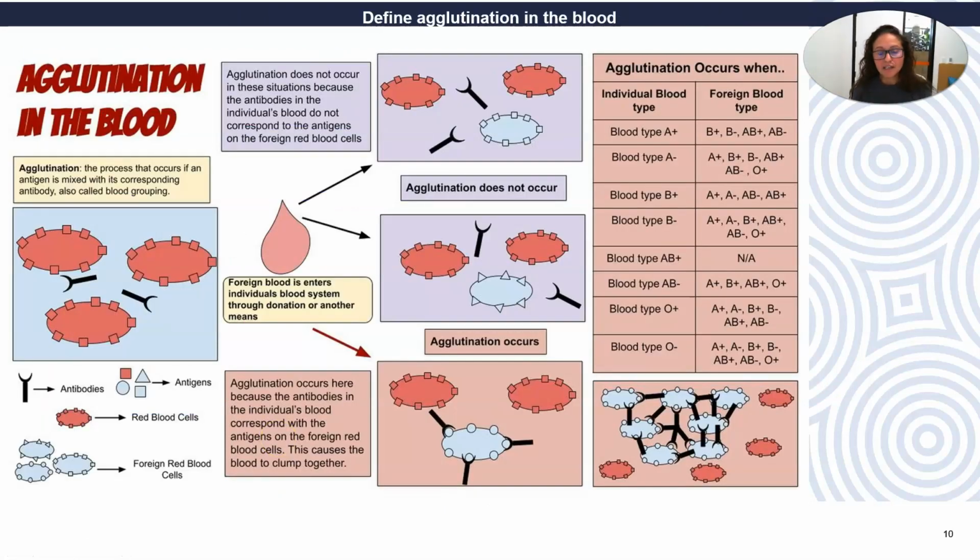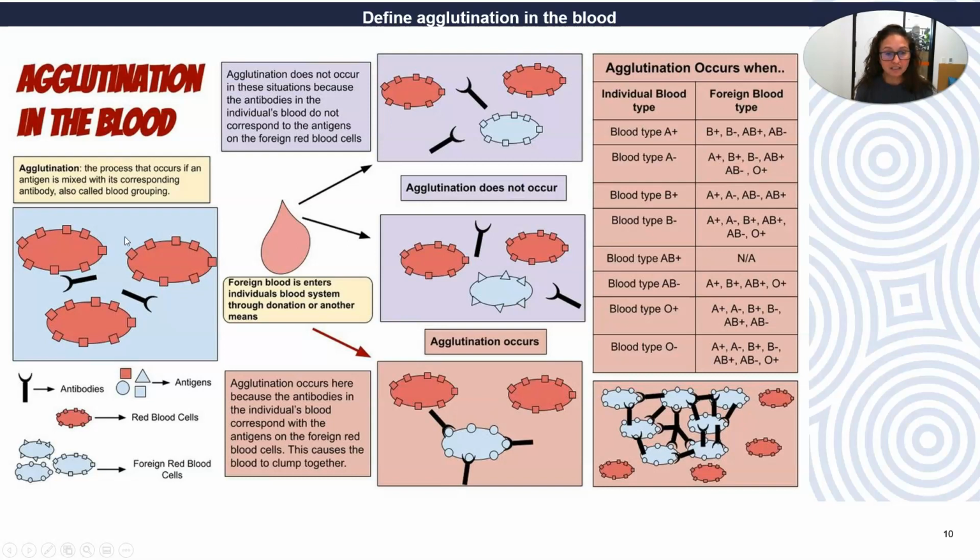All right. Let's pretend that you are given the wrong blood type. So let's think about what this word means, agglutination. Agglutination is what happens if you mix the wrong red blood type. So if you give someone the wrong red blood cell, essentially. Okay.